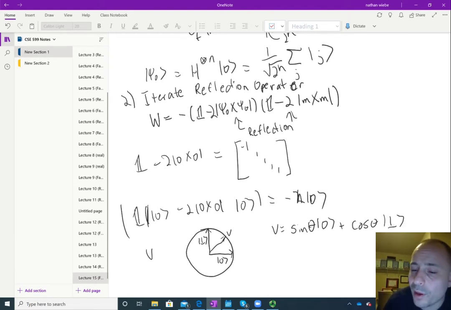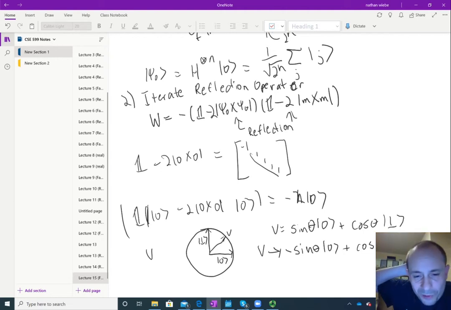I can do this always because the vector has to be normalized, and this is clearly an arbitrary unit norm state. If we apply this operator to it, then because |0> goes to minus |0>, but everything else remains the same, this is going to map to minus sine theta |0> plus cosine theta |perpendicular>.